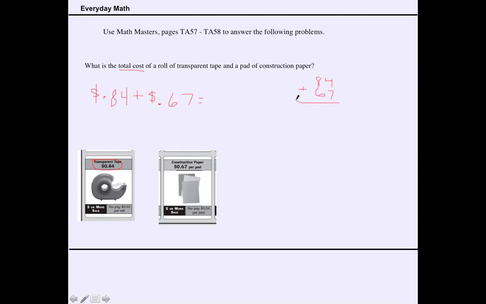If I give them 84 cents plus 67 cents, so 7 plus 4, 11. 8 plus 6 is 14, plus 1 is 15, so 151 cents, which is the same as saying $1, because we know there's 100 cents in a dollar, and 51 cents left over. So $1.51 is the total cost of a roll of transparent tape and a pad of construction paper.